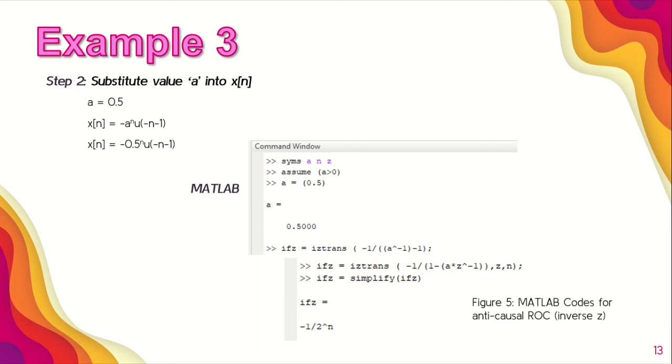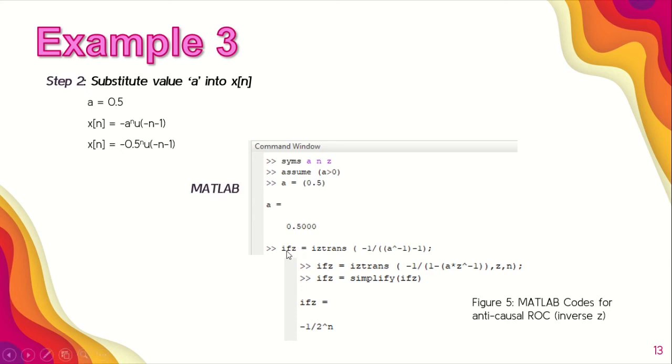Okay, so now we are going to check the answer using MATLAB simulation for inverse Z transform. Firstly, use the syms command, syms a and z. Second, assume a is more than 0, because in this equation a is more than 0, which is a equal to 0.5. A is the pole of this equation.